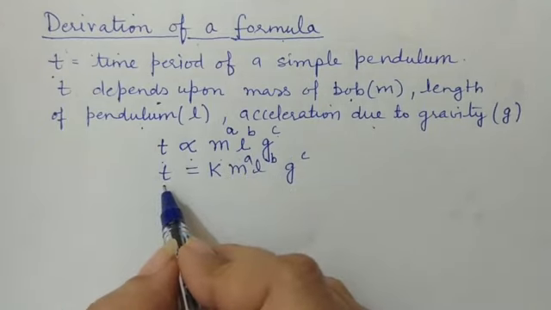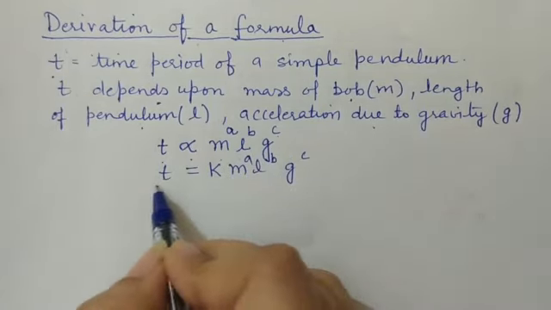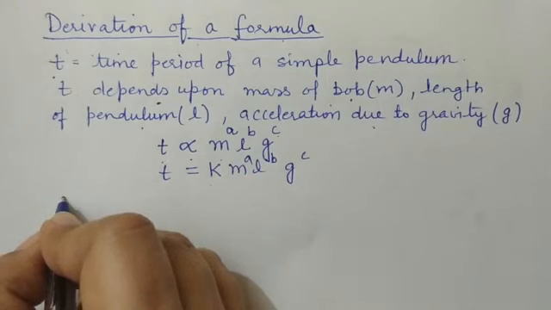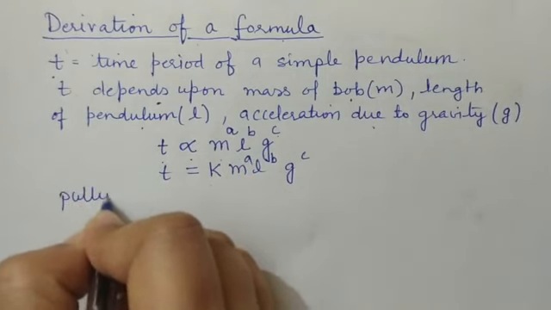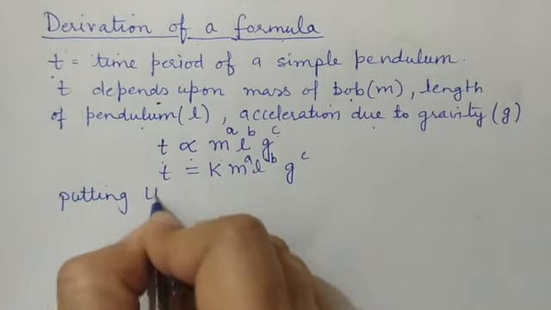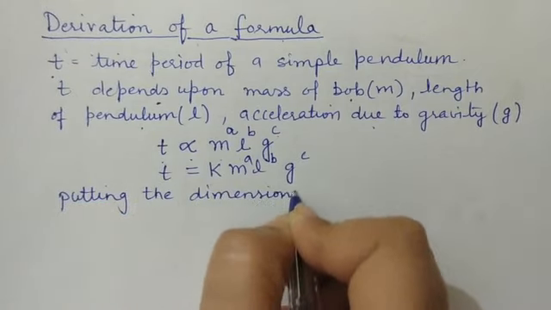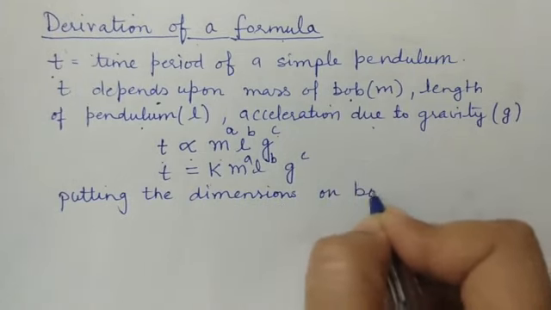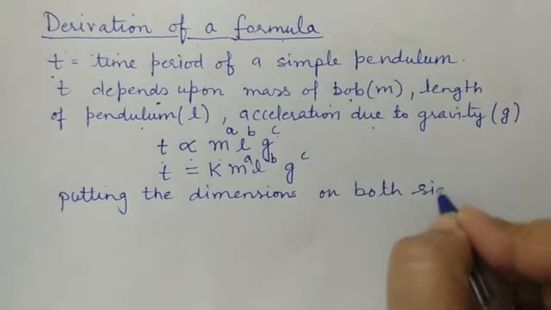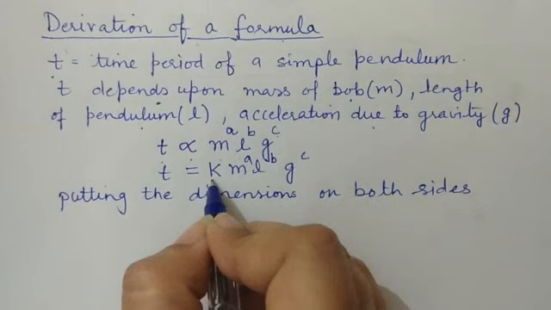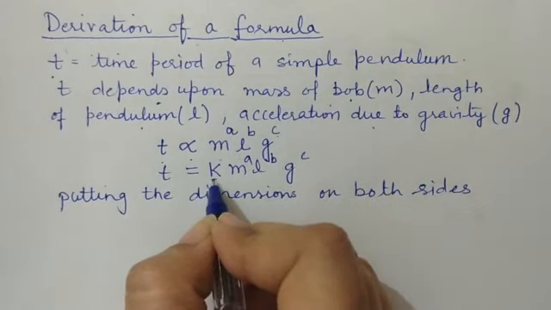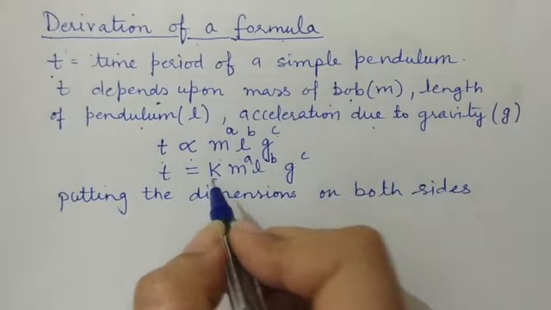Now we'll put the dimensions of all the quantities in this equation, on both sides. While putting dimensions, we'll not write this k because k is a constant and it is dimensionless.